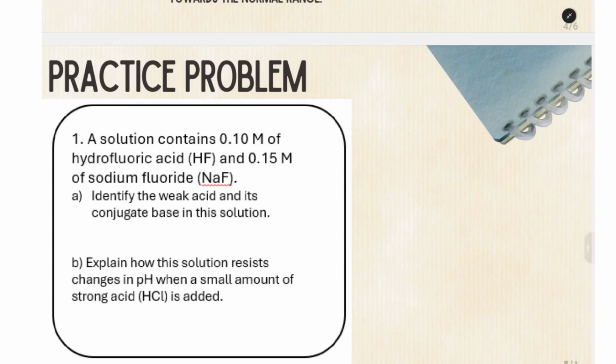Well, it's basically given in the question, but hydrofluoric acid will be our weak acid. Hydrofluoric acid is a common weak acid, and whenever you see it, it is a weak acid.